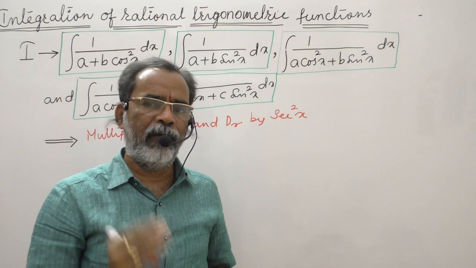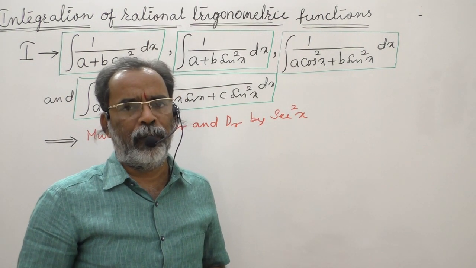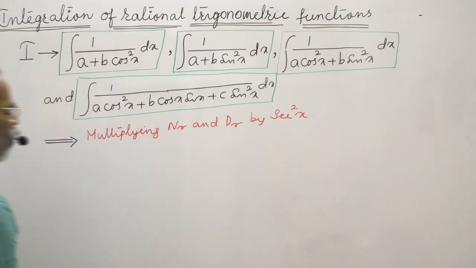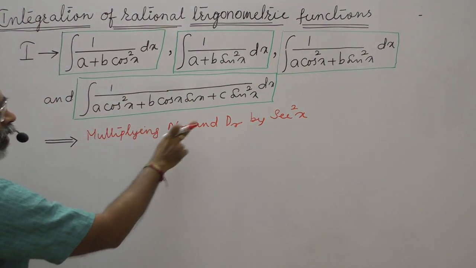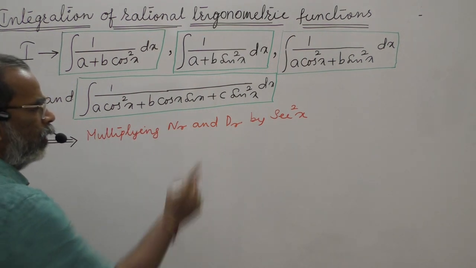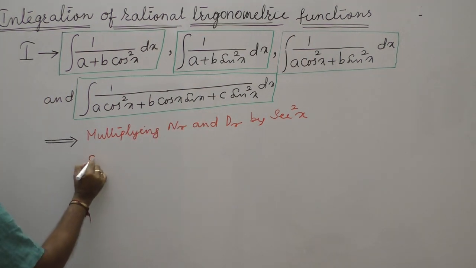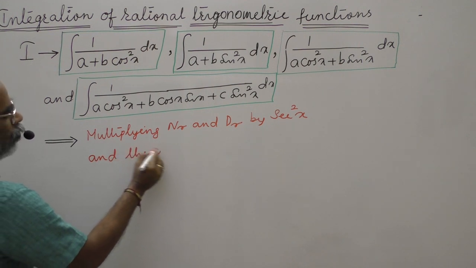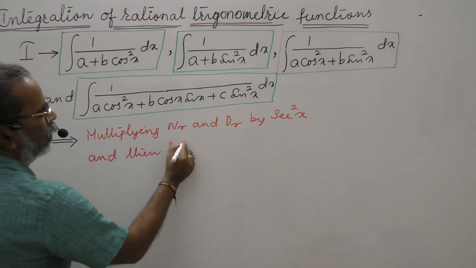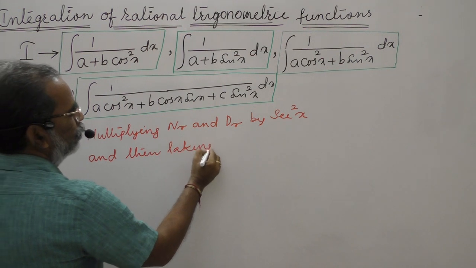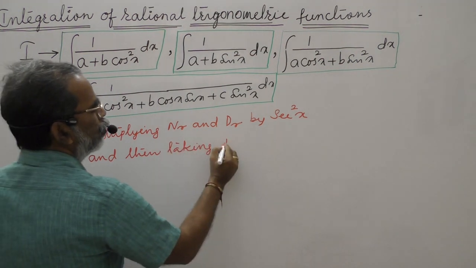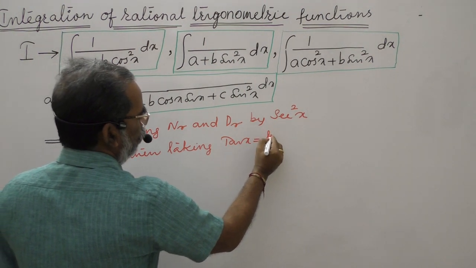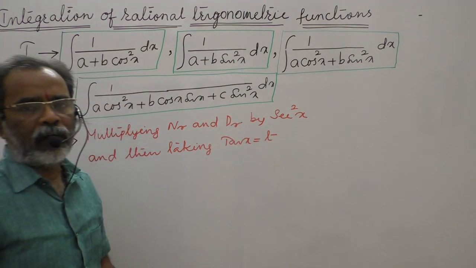That means dividing numerator and denominator by cos square x. Both are the same. So multiplying numerator and denominator by secant square x, and then taking the substitution tan x is equal to t. That's all.